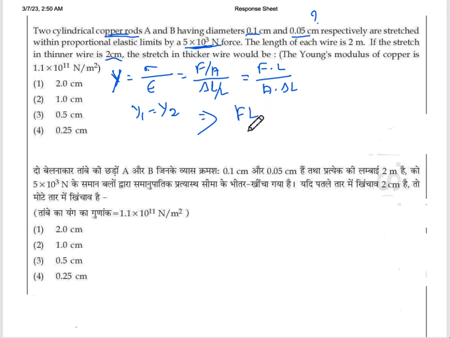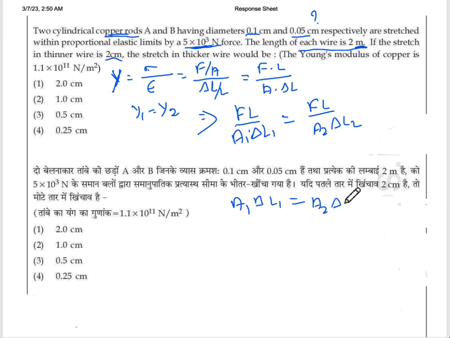F L divided by A1 delta L1 equals F L divided by A2 delta L2. The length of each wire is also the same, 2 meter, so FL is the same. So I can write simply A1 delta L1 equals A2 delta L2.